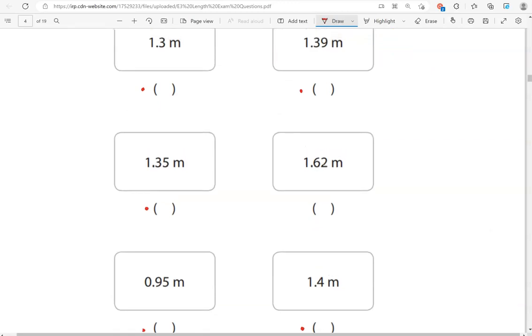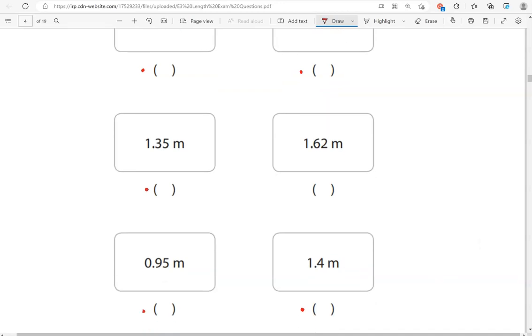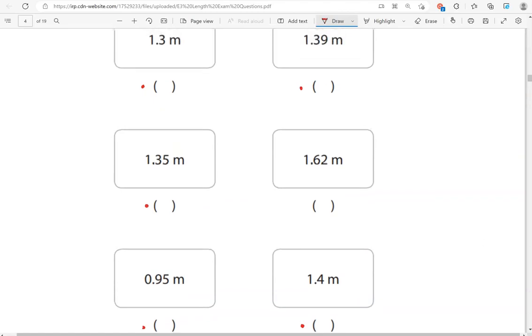So we have 5 options: 1.3, 1.39, 1.35, 0.95 and 1.4. The greatest number out of these 5 is 1.4. This is like 1 meter and 40 centimeters.